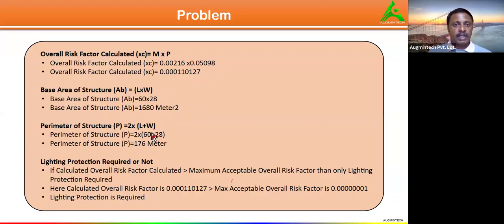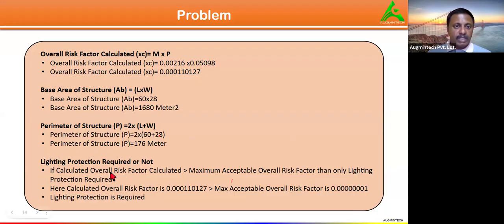This is required for the further calculation. What we have to confirm is whether a lightning protection system is required or not. Up to what range is it not required? If it is less than 10 power minus 6, up to that range we don't require. But this value is slightly greater than this, because after 3 zeros we are having 110. So this value is greater than this value.